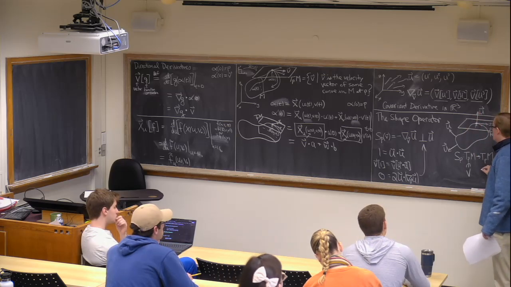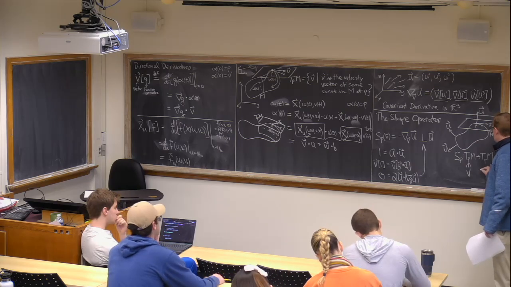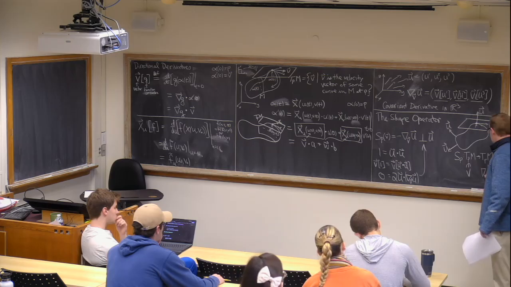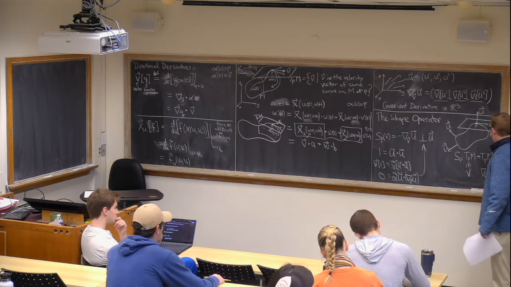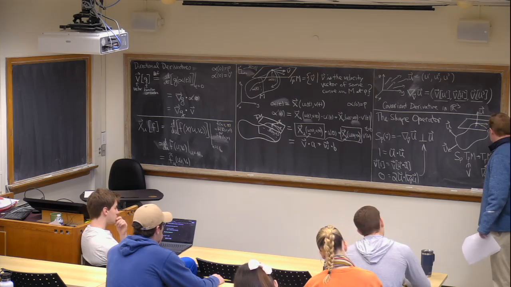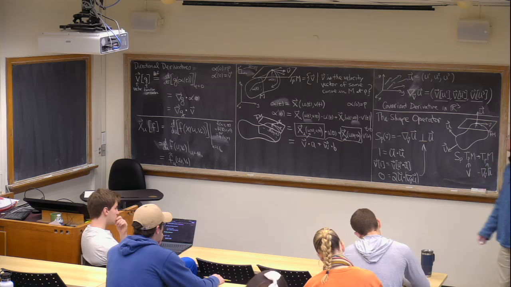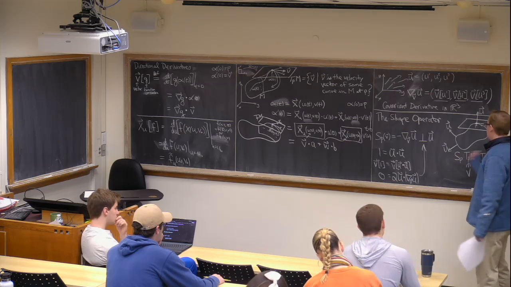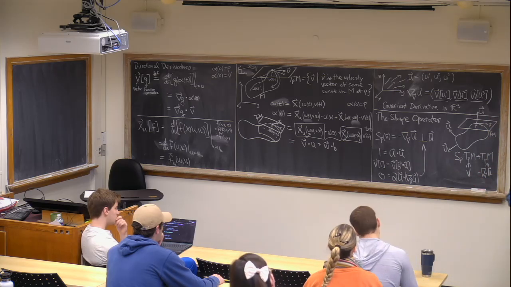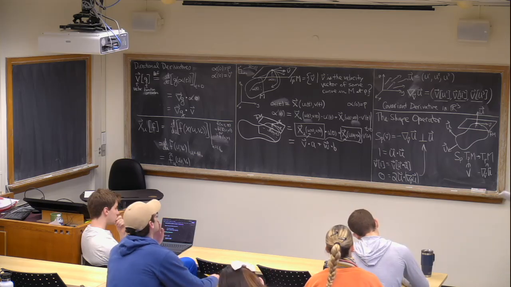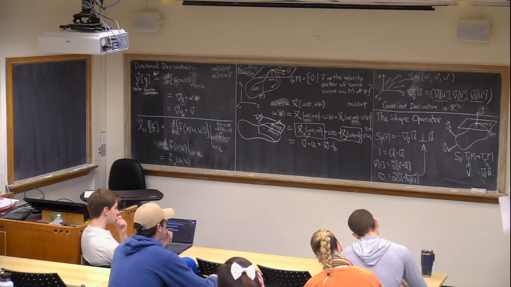So therefore, this covariant derivative of u in the direction of v is also an element, and also when you put a minus sign, this changes direction, that's an element of the tangent plane. So sure enough, we have a mapping from the tangent plane to the tangent plane. That's the shape operator. Super cool.